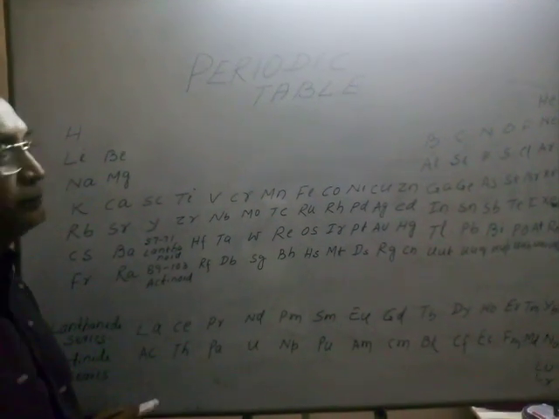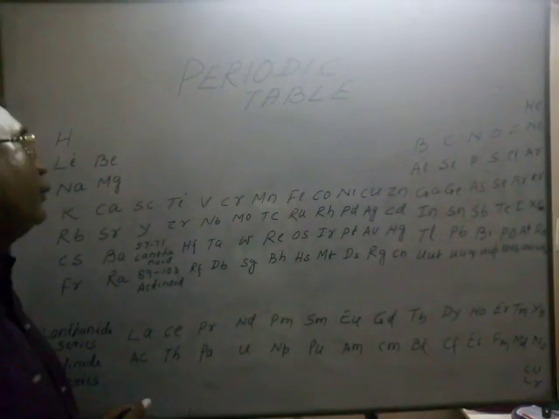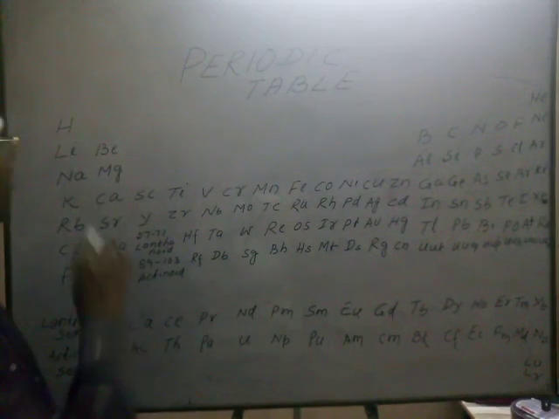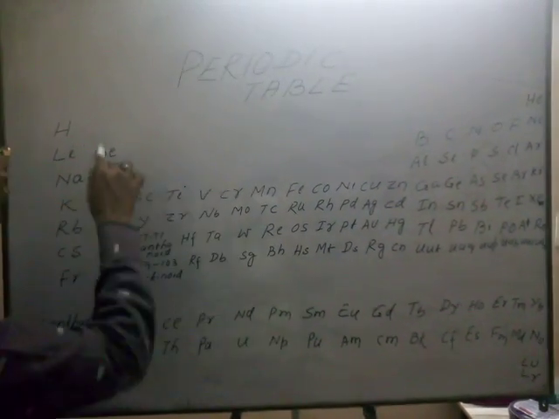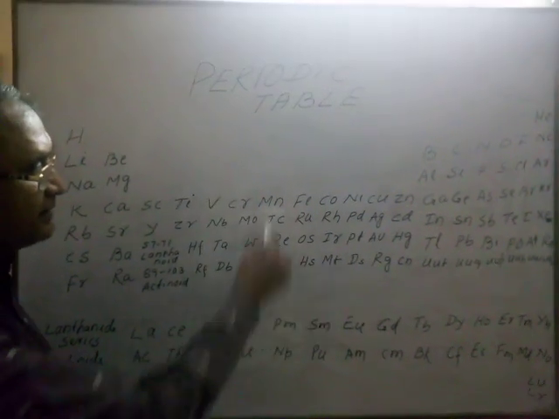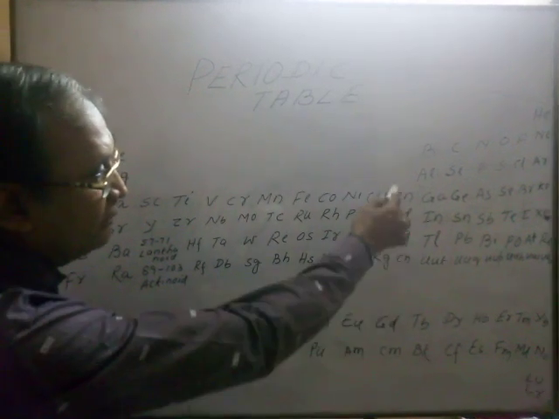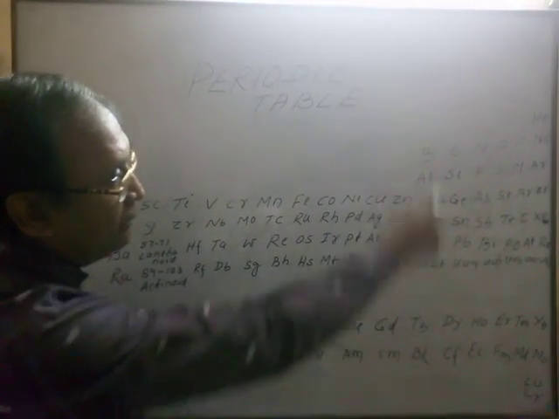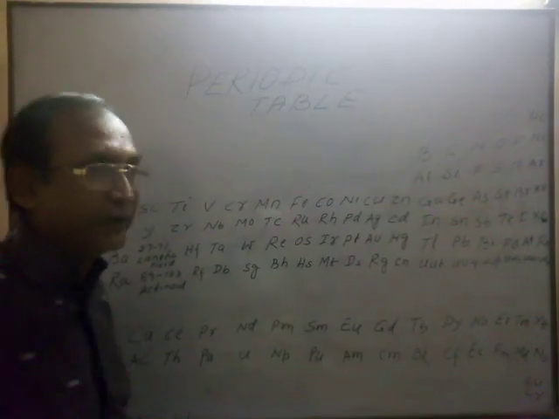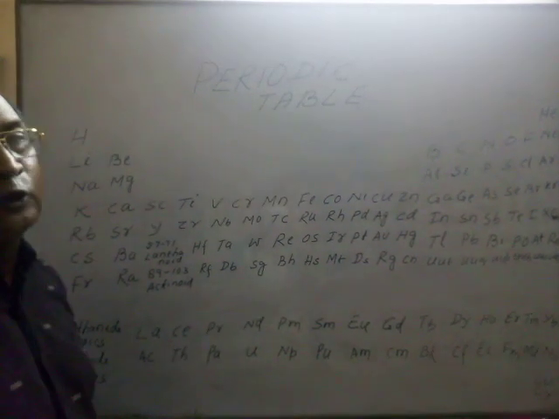As per group, if we want to divide it, then we see there are 18 groups. Group number 1, 2, 3, 4, 5, 6, 7, 8, 9, 10, 11, 12, 13, 14, 15, 16, 17 and 18. 7 periods and 18 groups are there.